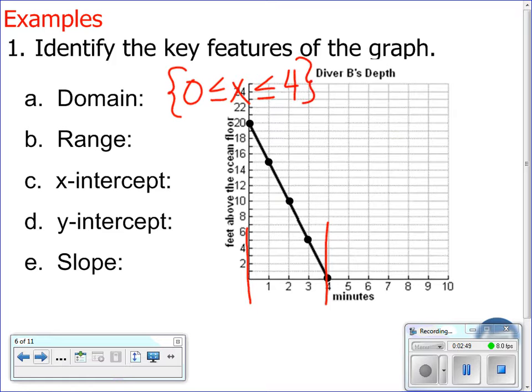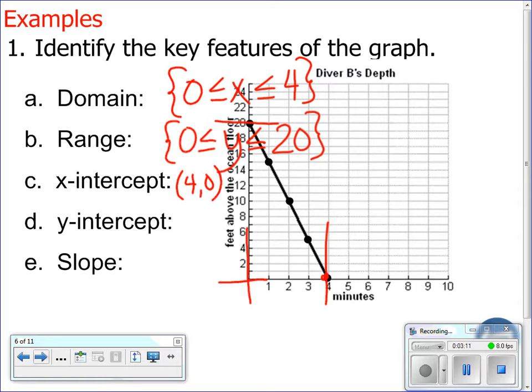Our range goes from 0 to 20. So we would write the range 0, including 0, to 20, including 20. Our x-intercept is where it crosses the x, so that, written in parentheses, is (4, 0). Our y-intercept is up here where it crosses y, that's (0, 20).